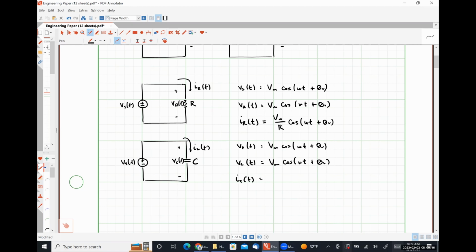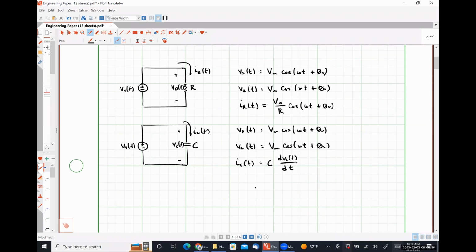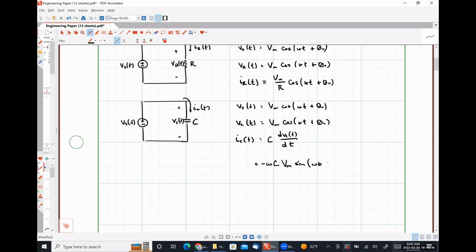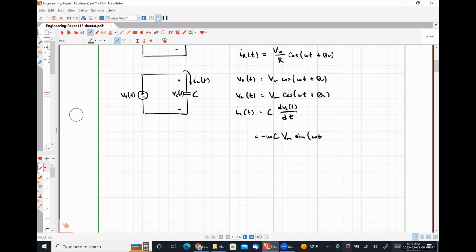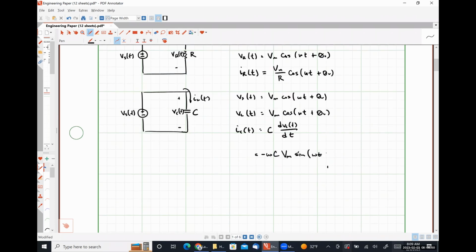Ic is going to be C dV by dt, right? So that is going to look like negative omega C Vm sine omega t plus theta v. I don't know why my screen keeps moving on me, but it's driving me insane.